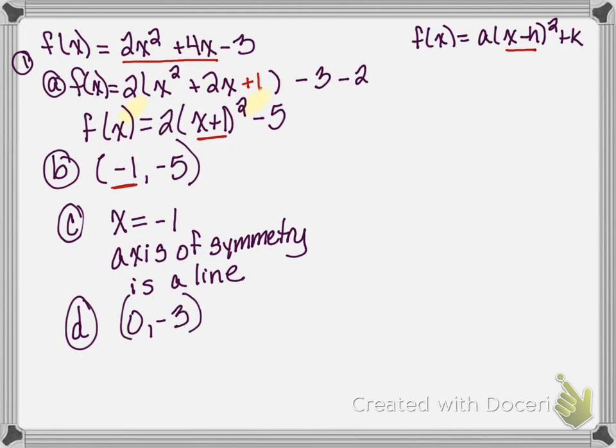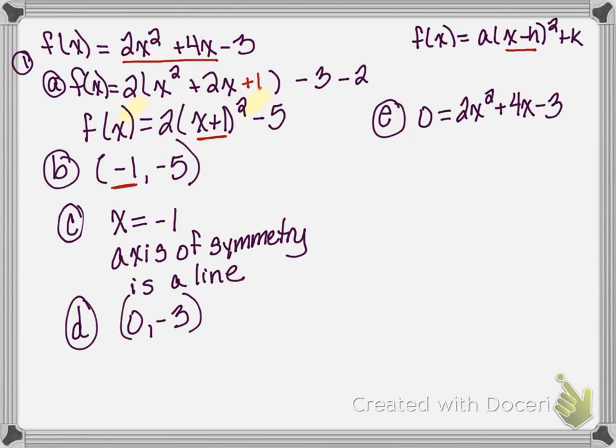Good. And E wants us to identify our zeros. Okay? So we are going to set the function equal to 0. So I have 0 equals 2x squared plus 4x minus 3. I'm hopeful that I can factor.